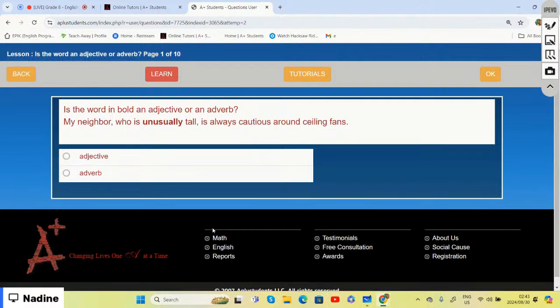So my neighbor who is unusually tall is always cautious around ceiling fans. Is that an adjective or an adverb? Unusually. The word unusually is an adjective or an adverb.